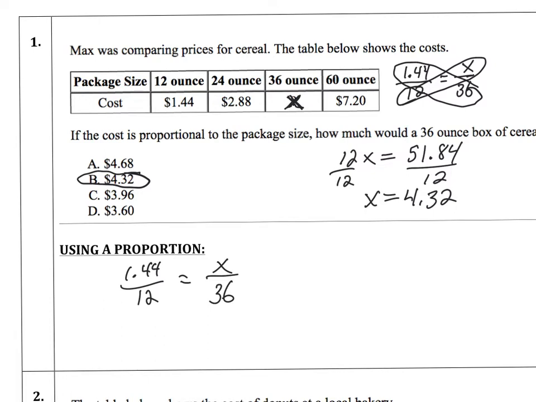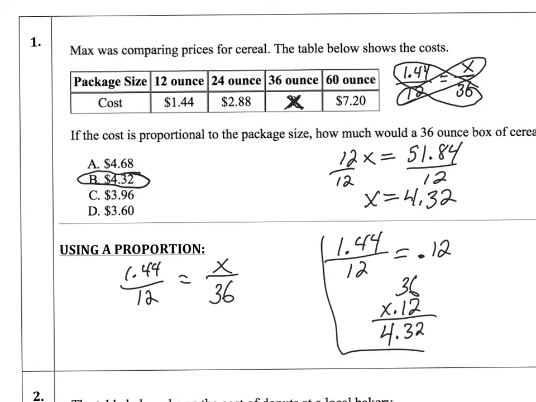Okay, there is another way that you can do that, and that is to find your unit rate. So to do that, we can take the 1.44 and actually divide it by 12, and what we end up with is 0.12 or 12 cents. And then because we're going from ounces to cost, all we have to do is take the 36 ounces and multiply it by the cost per ounce. And when you do that, you get $4.32.